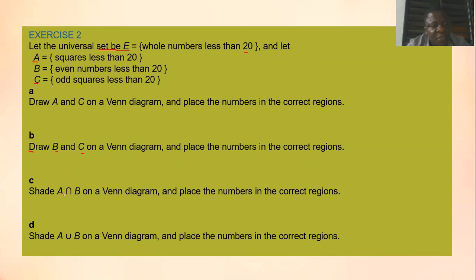Here too, it means that you are using only A and B as the subsets for that particular diagram, with E as the universal set. Finally, you have to shade a region representing A union B. A similar one was illustrated at the beginning of this video. If you don't understand this, you can go and play that back.